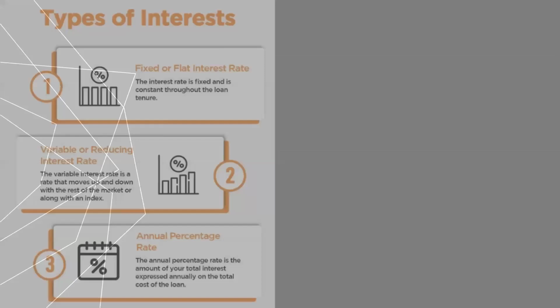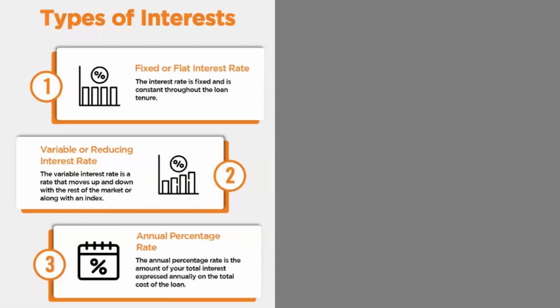Now let us see what are the types of interest rates that is available in the market. Because as I said, why they are giving loan to the customer is to make money, and they make money by putting the interest rate. So whenever we go to the bank, we can hear two things.